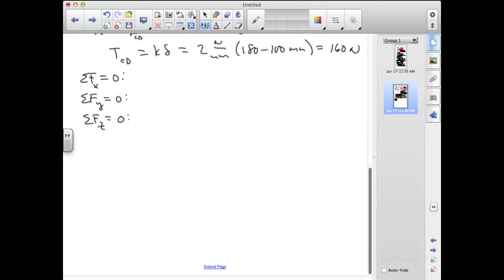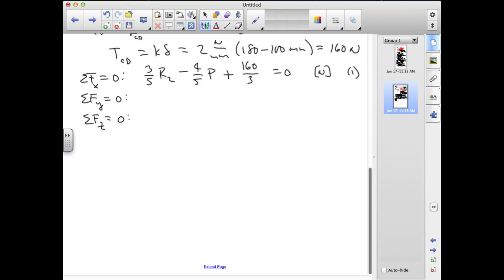So in the x direction we have 3/5 R2 minus 4/5 P plus the contribution from the tension, which in this case is 160 over 3 equals 0. And this is going to have units of newtons, and we'll call this equation 1.